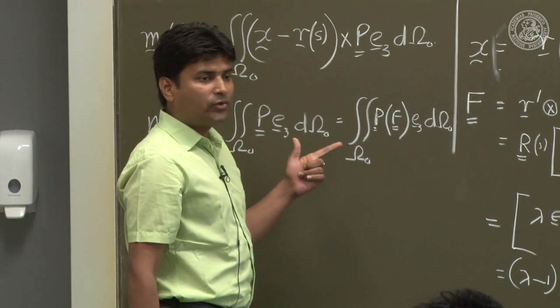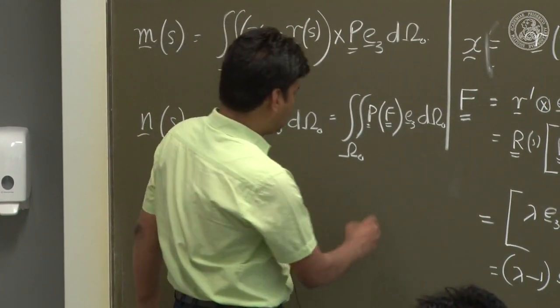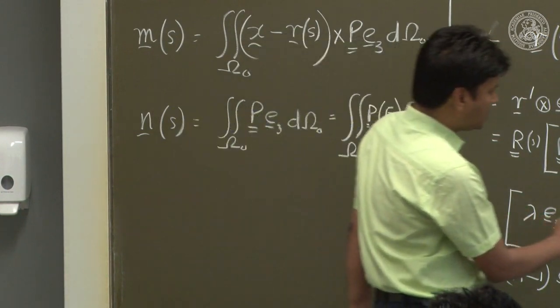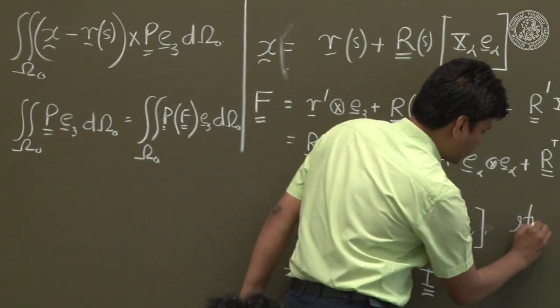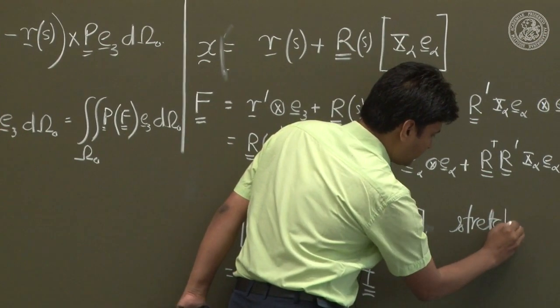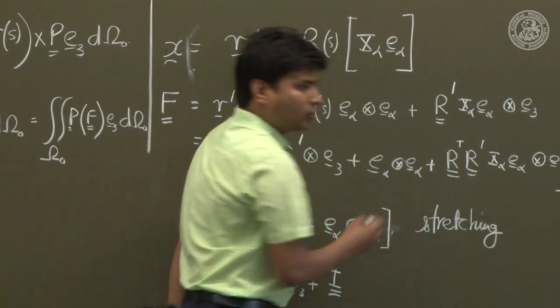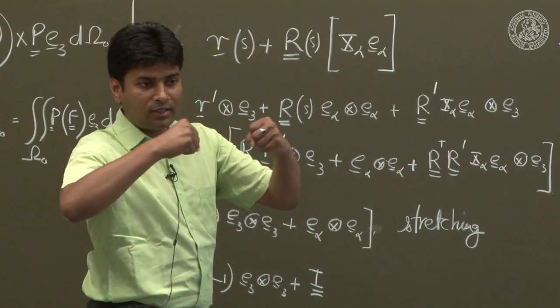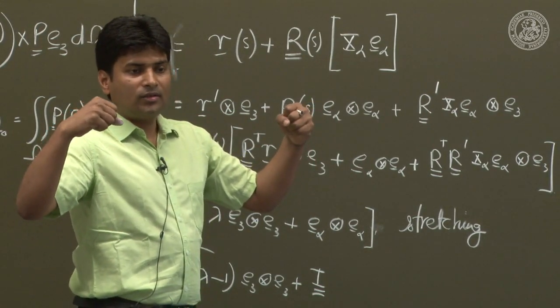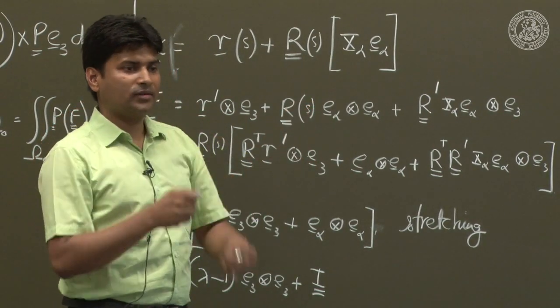What do you think? What force should you get? For the case of stretching, what force should you get? So you have a bar, you strain it by, let's say, epsilon. How much is the force generated in the bar?